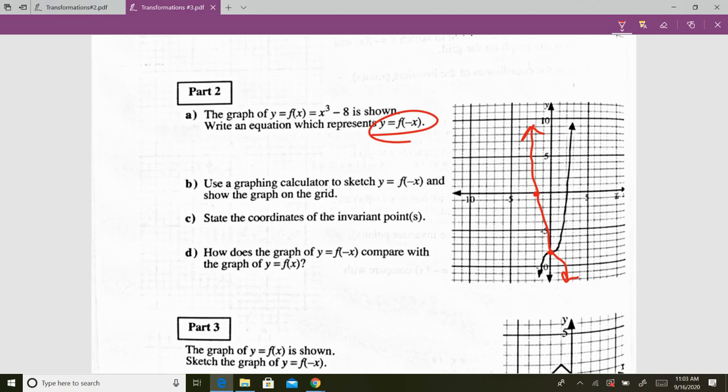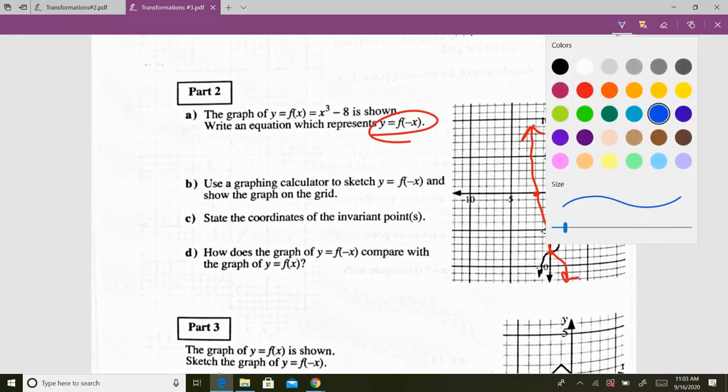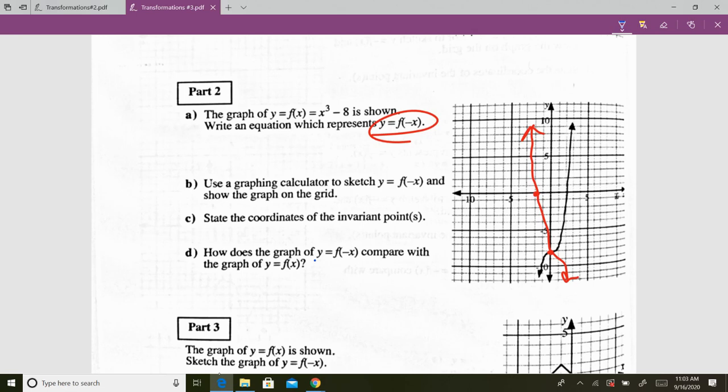So, in words, mathematicians always like to do the words. How does the graph of y is equal to f of negative x compare to the graph of y is equal to f of x? So we would say it is a reflection about, over, or across what axis?